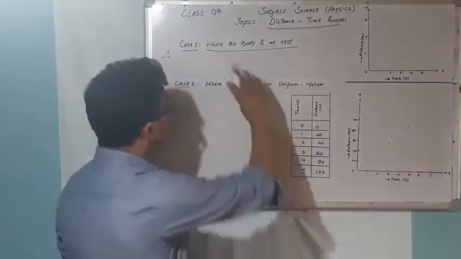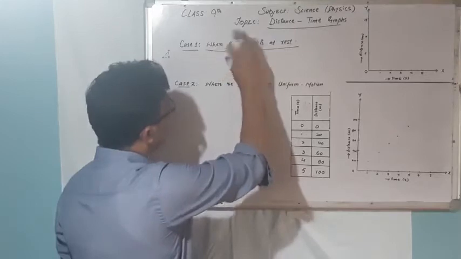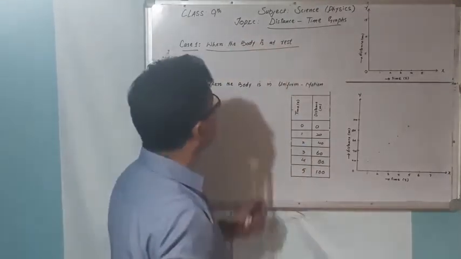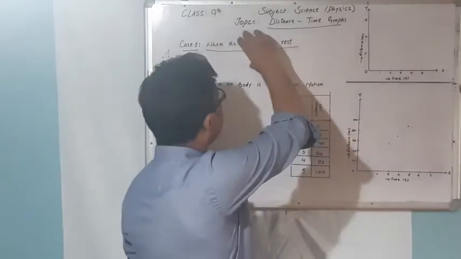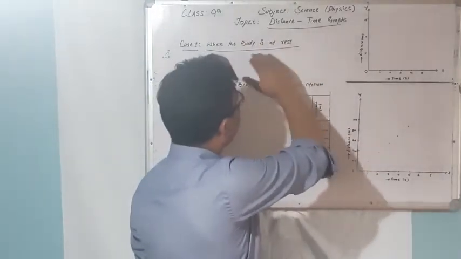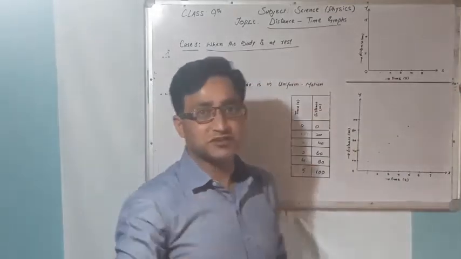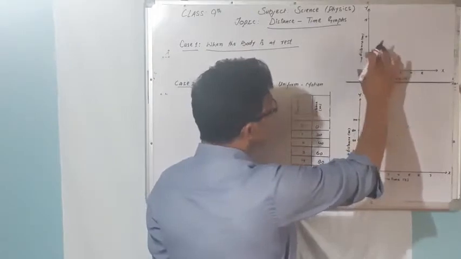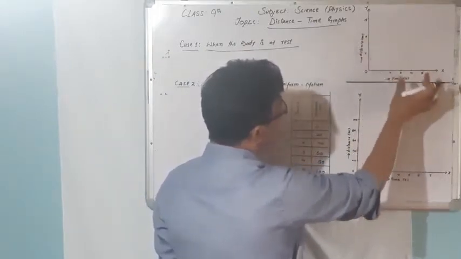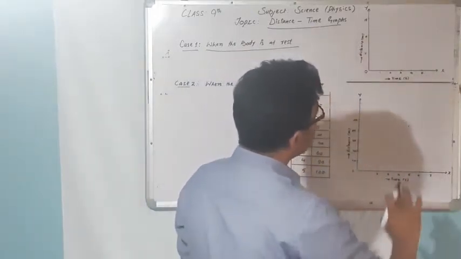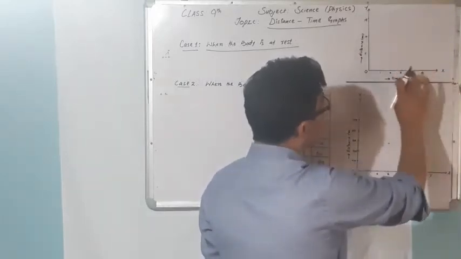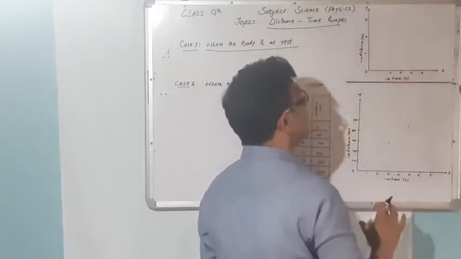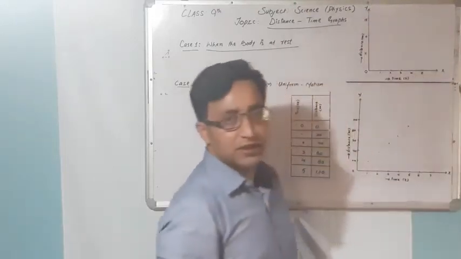Let us see what is the graph which we will obtain when the body is at rest in distance time graph. In the distance time graph, we take time along the x-axis and distance along the y-axis.